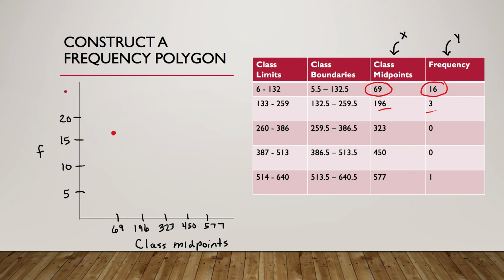So above the 196, we'll go to 3 and place a point. The next two are at 0, and so points at 0 are going to sit right on top of the x-axis. And then the last one, 577, has a frequency of 1. So above the 577, we'll put a point at 1.